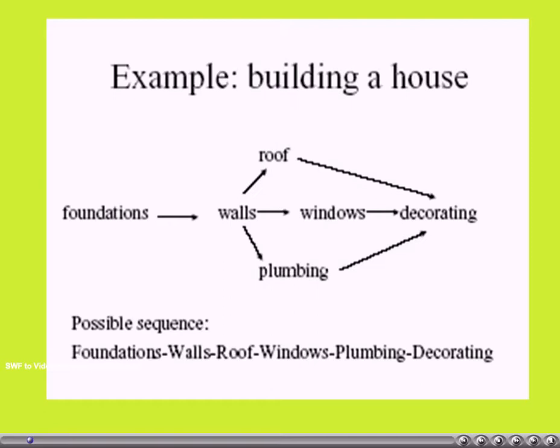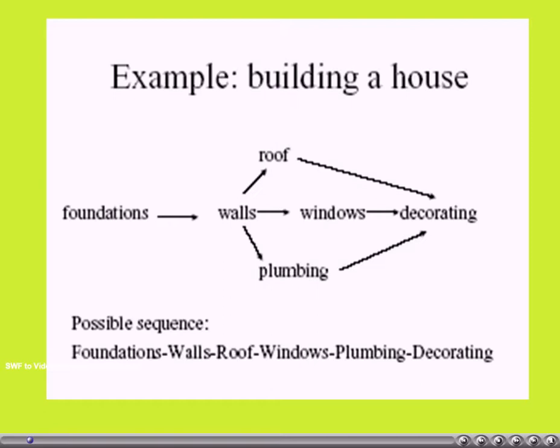All these tasks can be represented in a graph fashion as shown in the slide. So the possible order of these activities can be: first we may go for foundations, then walls, then roof, then windows, plumbing, then decoration, etc. That is one order.